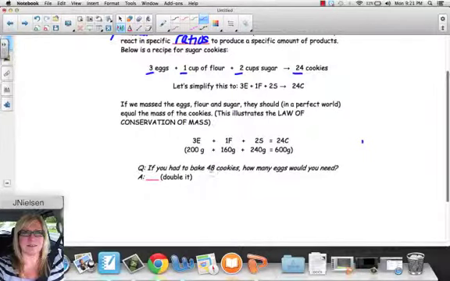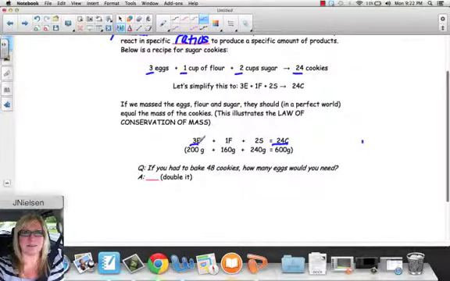So if I had to bake 48 cookies, how many eggs would I need? Well, you know that 3 eggs yields 24 cookies. So if you had to bake 48, how many eggs would I need? So I can set up a proportion.